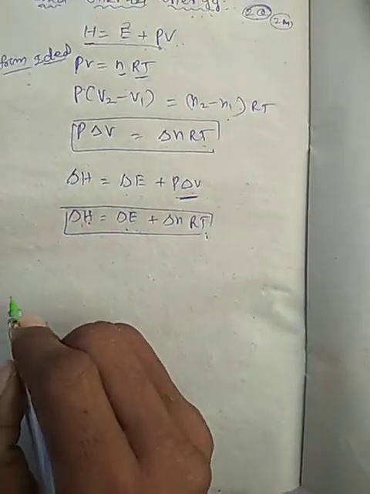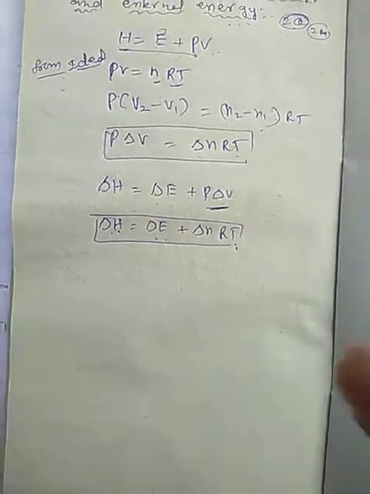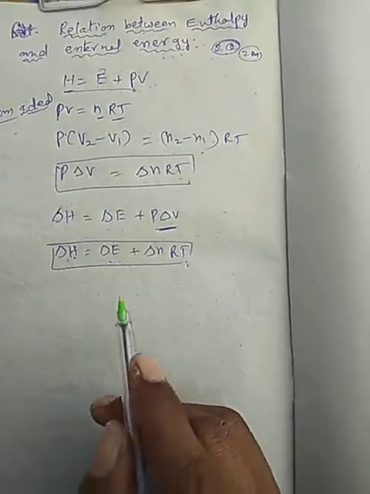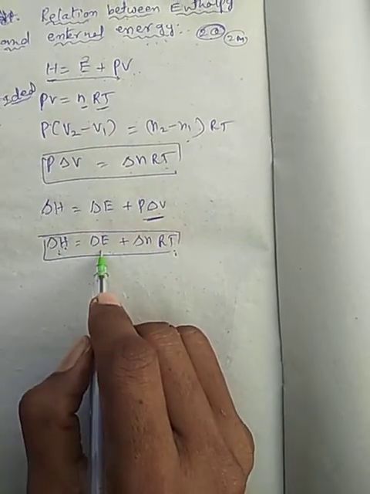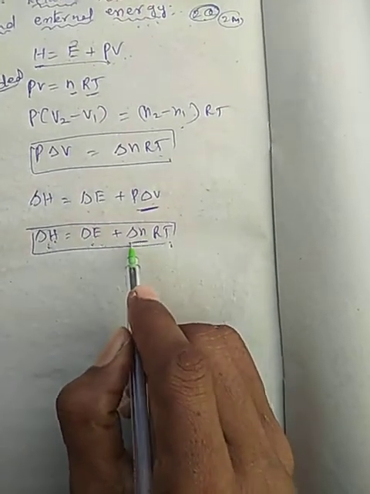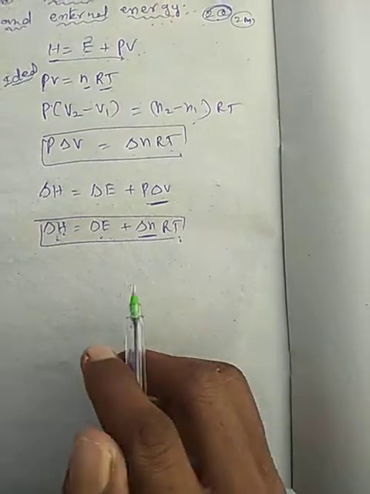Now delta H is the change in enthalpy, delta E is the change in internal energy, delta n is the change in number of moles, and RT is a constant.